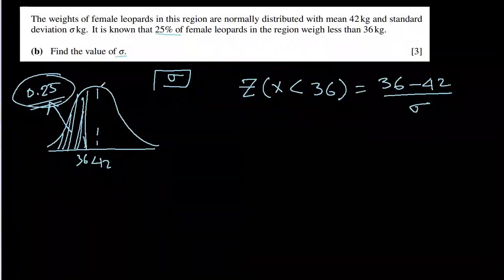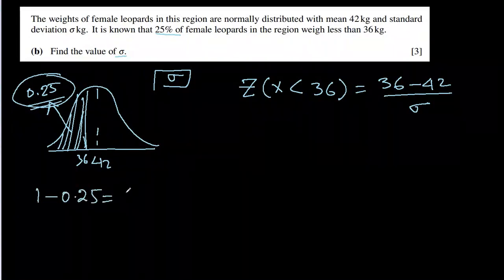So what will we do? We'll find rather the blank area, which is 1 minus 0.25, and find the z score for 0.75 probability, and then put a negative in front because it will be the reflection of what we want.